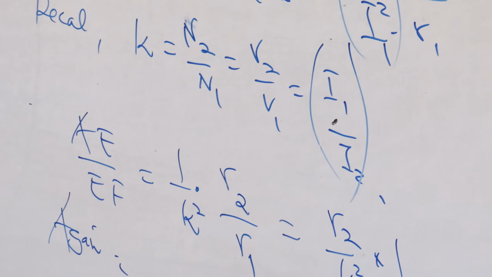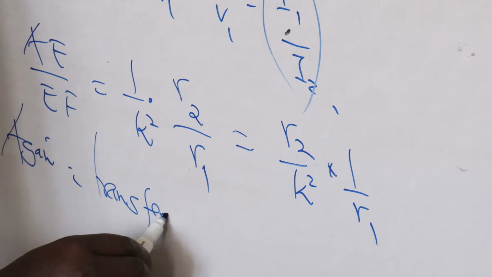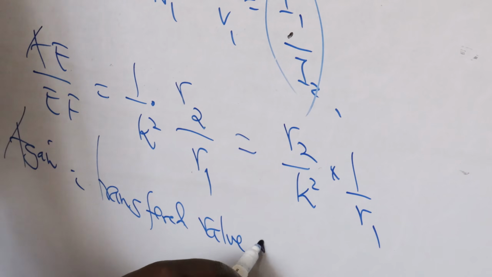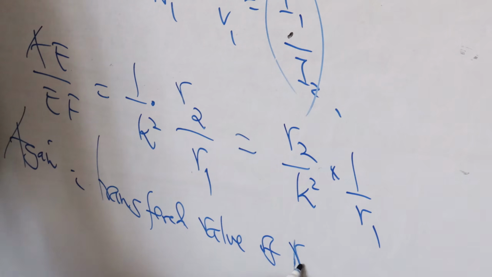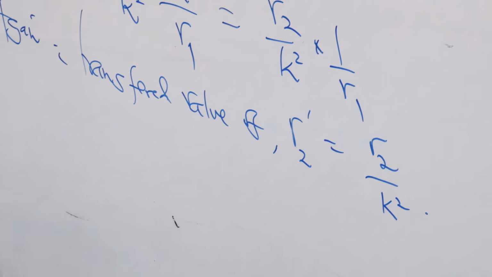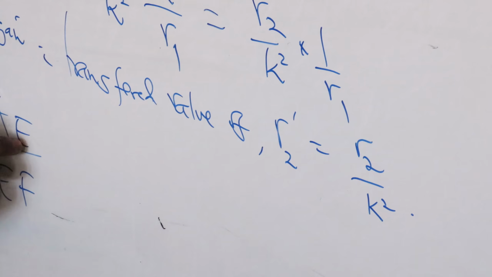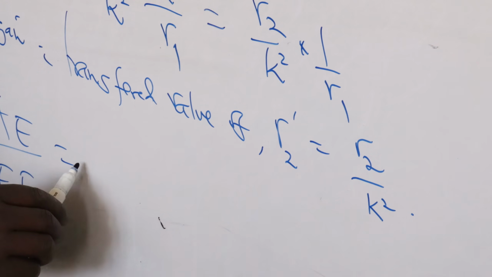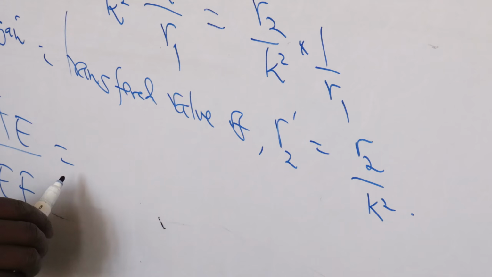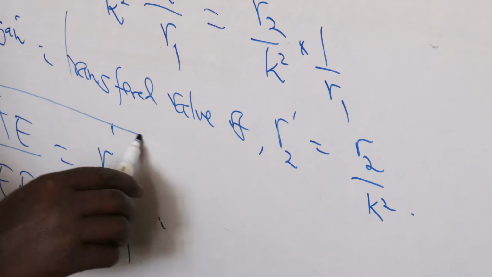Because of the impedance transfer, the transferred value of R2, that is R2 prime, is equal to R2 original over K squared. That implies that A to E over E to EF is equal to R2 prime over R1.